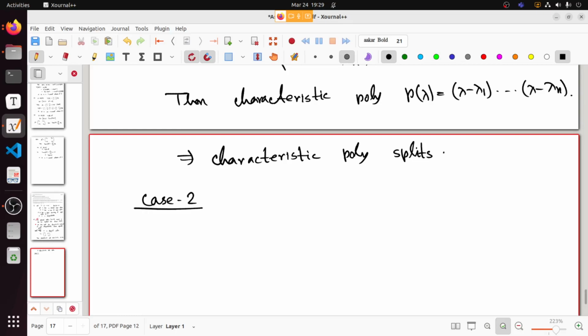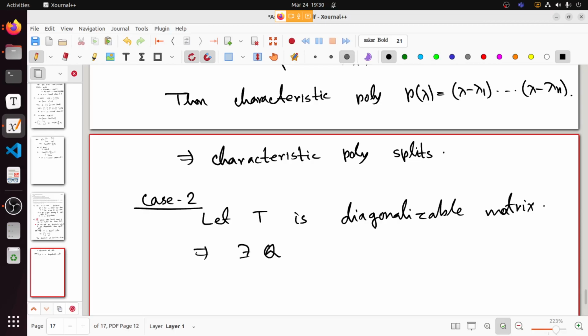Let T be a diagonalizable matrix. So what is a diagonalizable matrix? It means there exists an invertible matrix Q such that T can be written as Q D Q inverse, right?